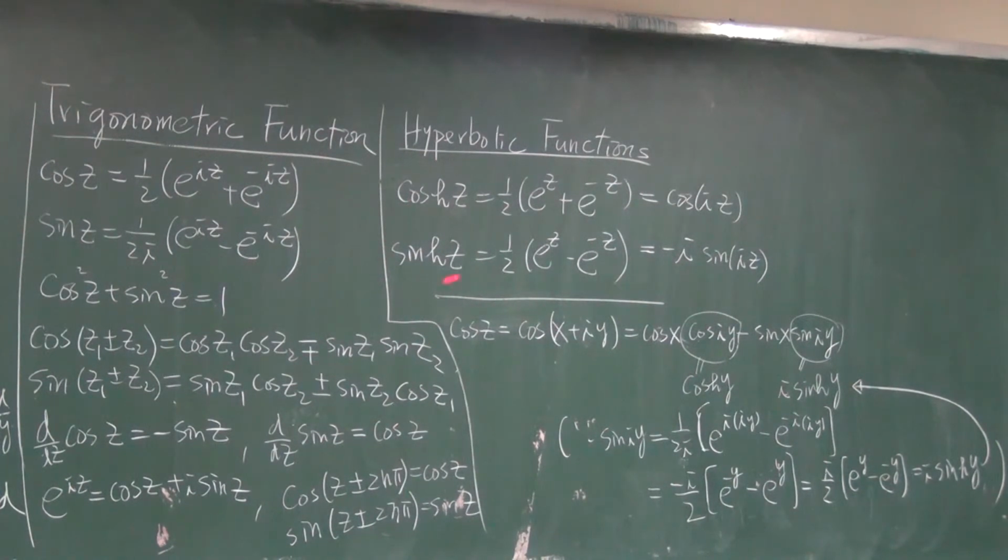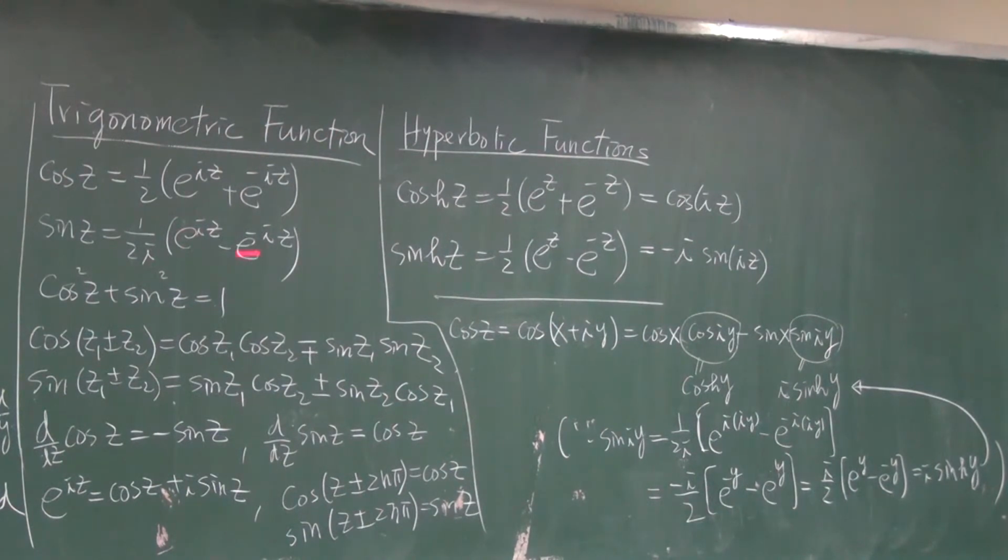You may doubt whether in this way we still have the same famous properties. For the real trigonometric functions, we have some famous properties. We doubt whether we still have such properties here. The answer is yes.